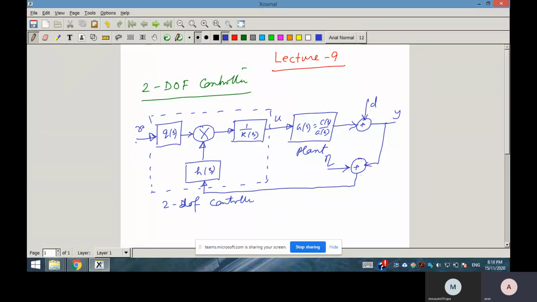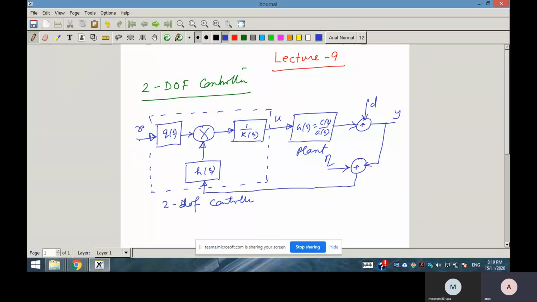But here you can see that R and Y are going in, and they are treated independently because of the presence of Q and H. If Q and H are the same, you can absorb them, and it will ultimately be H(s)/K(s), and again the tracking error will go to the controller, only one input. As Q(s) and H(s) are different here, this is 2 degree of freedom control.